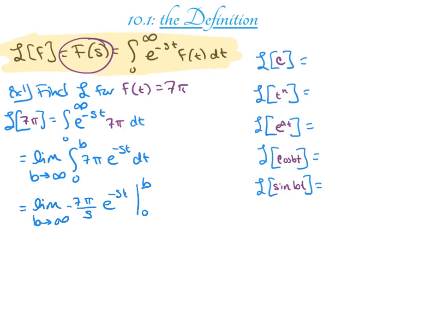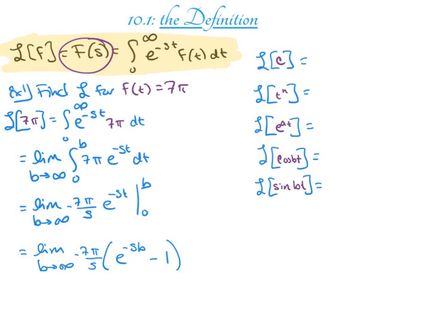Okay, so plugging in b and plugging in 0, we have the limit as b goes to infinity of negative 7 pi over s times the quantity e to the negative s times b minus e to the 0, which is just going to be 1.